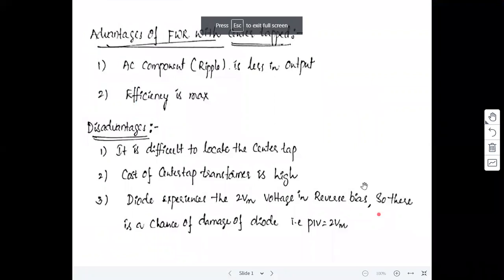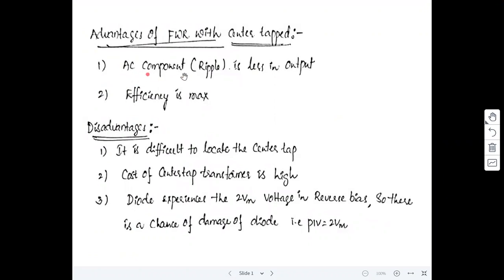Okay, good morning all. In the last class we discussed the full wave rectifier with center tapped transformer, parameter derivations and problems, right? There are a few drawbacks and a few advantages.